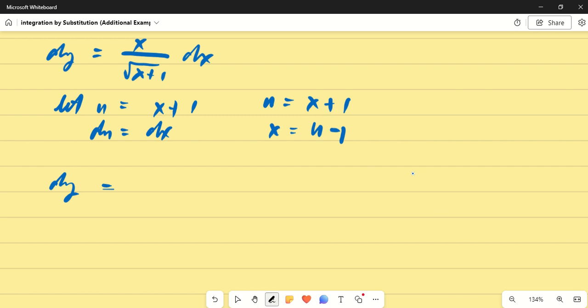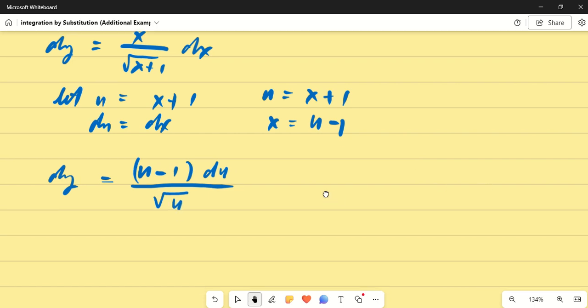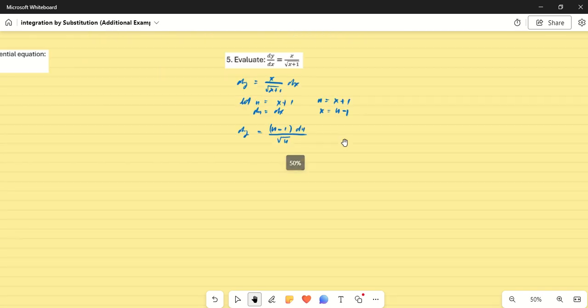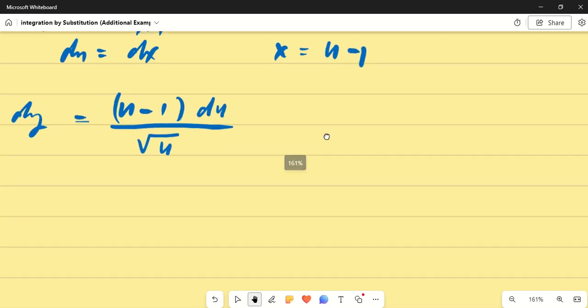So you'll be having u minus 1 here, and then your dx can be replaced with du. So you have your du here, and this is all over square root of u. Okay, then next we need to simplify.